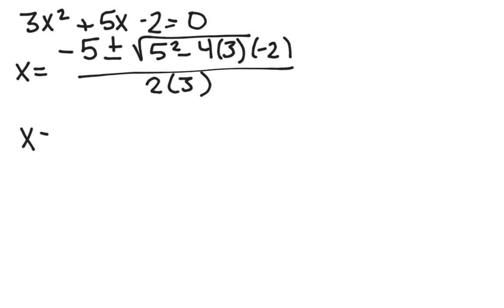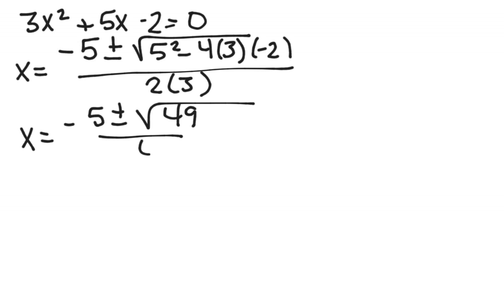So I have negative 5 plus or minus square root of, let's see, we have 5 squared minus 4 times 3 times a negative 2, which my calculator tells me is 49, divided by 6. That simplifies into negative 5 plus or minus 7 divided by 6.